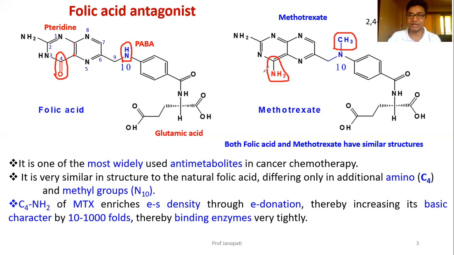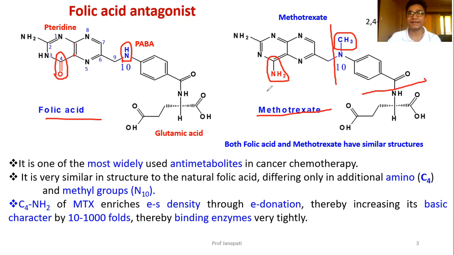These are the structural differences between folic acid and methotrexate. Here also you can see the pteridine portion. This is the PABA portion, para-aminobenzoic acid. This is the carboxylic part and this is the amino group. But here a methyl substituent will be present on PABA, and this is the glutamic acid structure. So both of these structures will be similar.